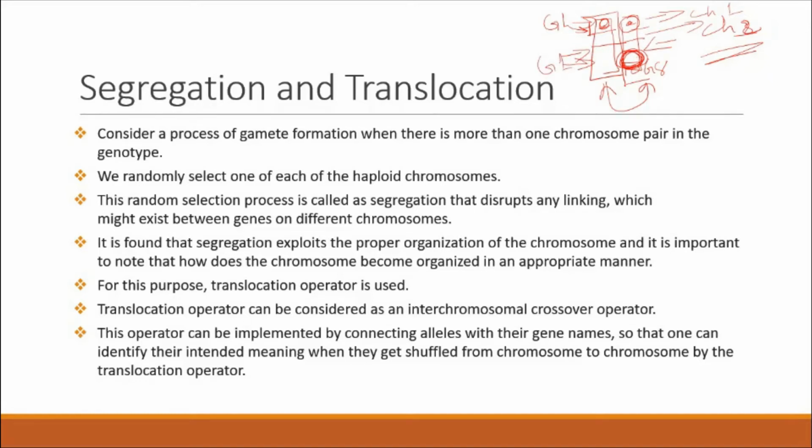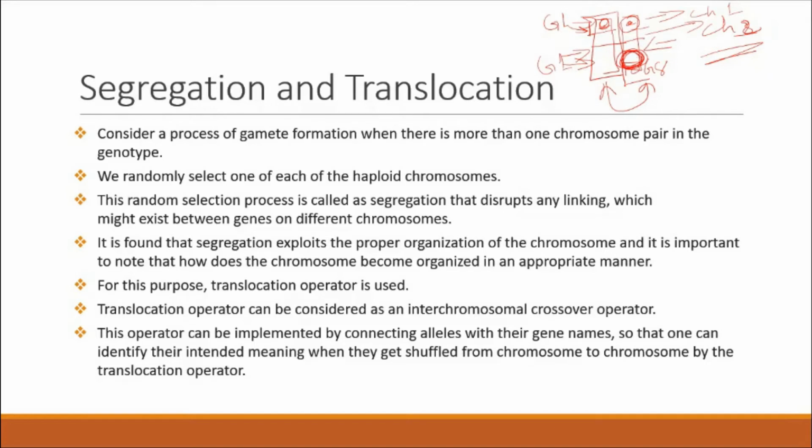Maybe it can be two different values, or it can be the same value. In that case, it can avoid one of the G1 values. So that is the process of translocation.